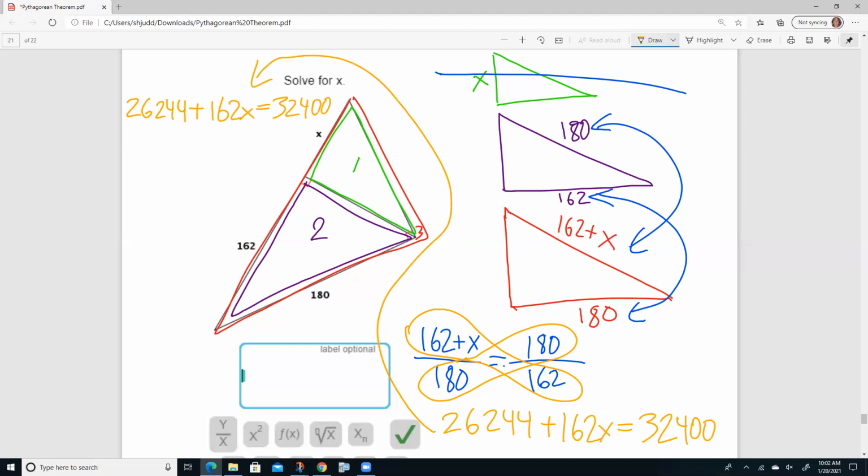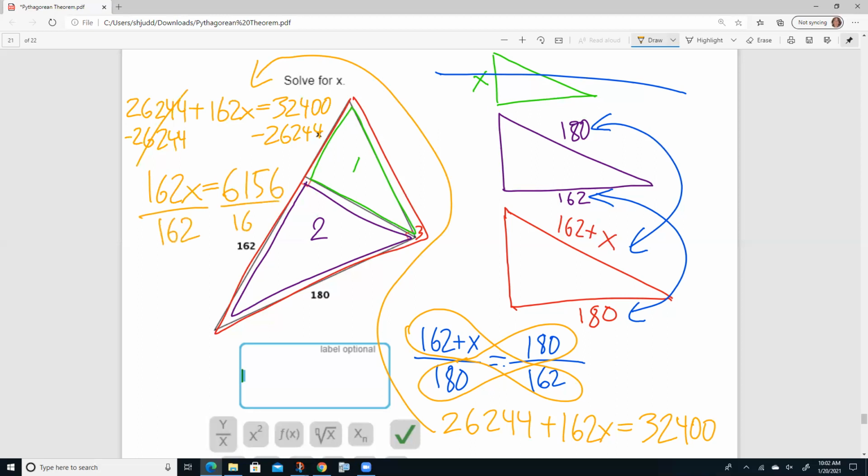Okay, so what I need to do is first subtract 26,244 from both sides. That'll cancel. 162x is equal to 6,156. Let's divide by 162.